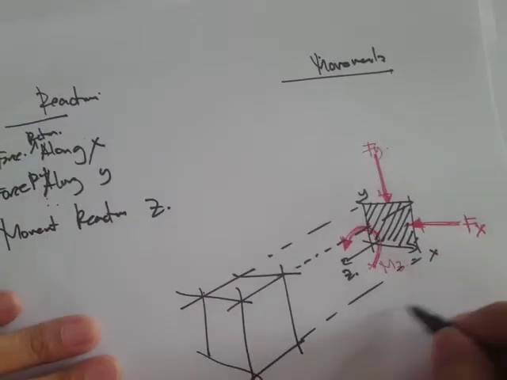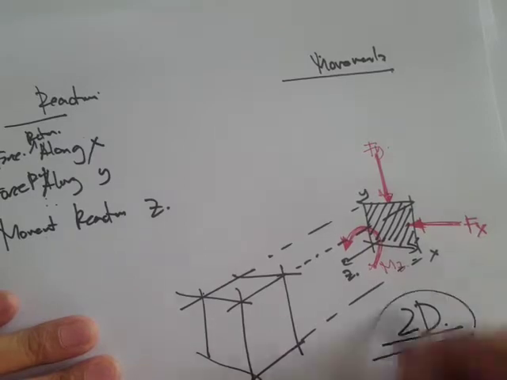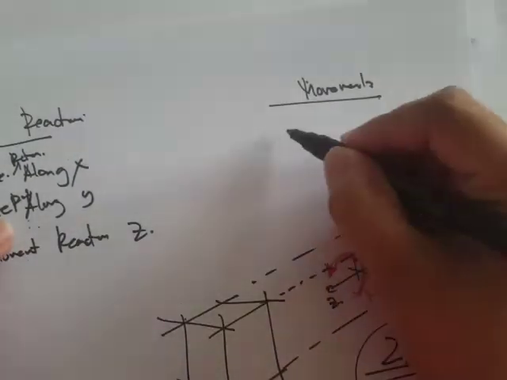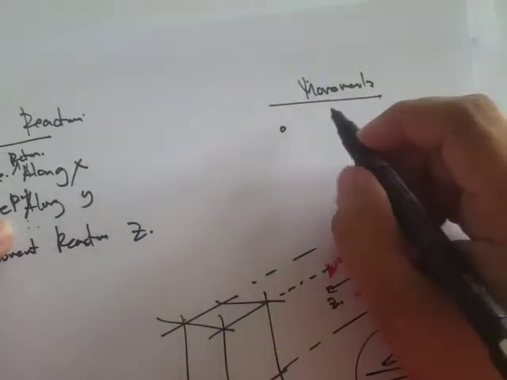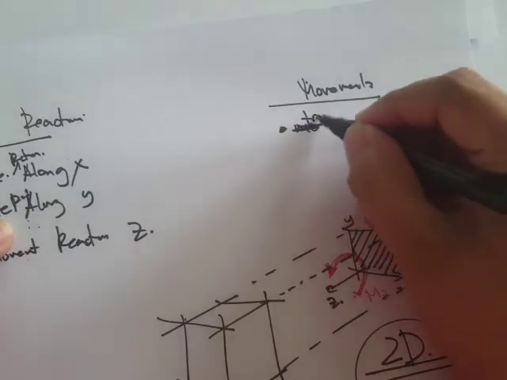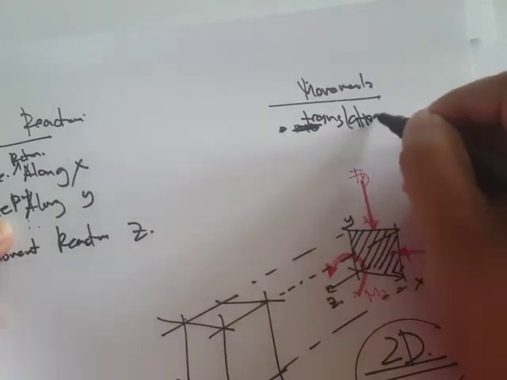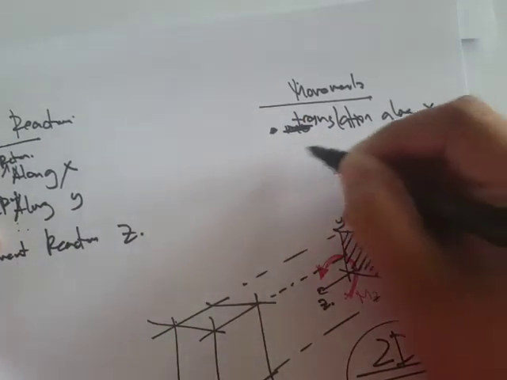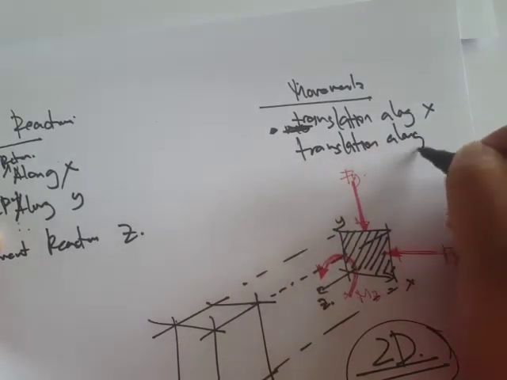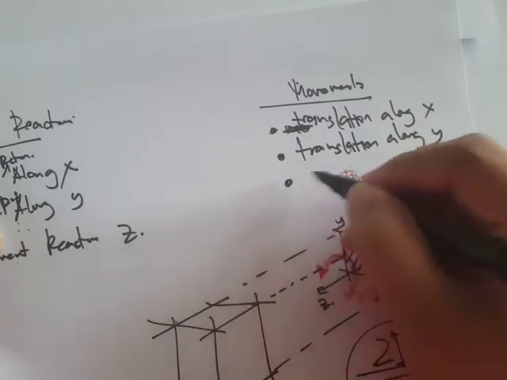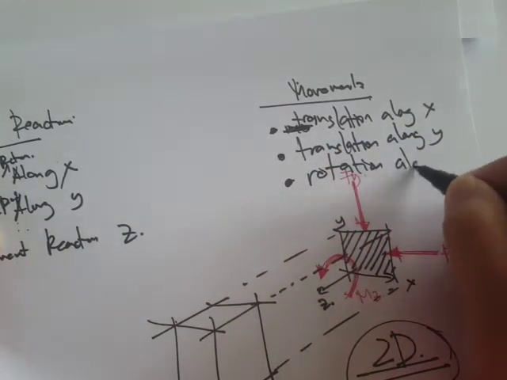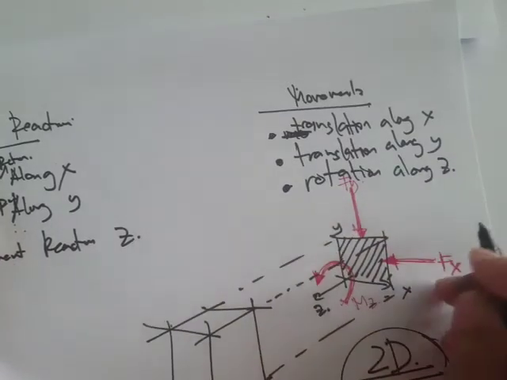Okay, so that's the 2D. So in terms of movements, we can also have displacement or movement along X, or translation. We can call that translation along X, then translation along Y, and then rotation along the z-axis.